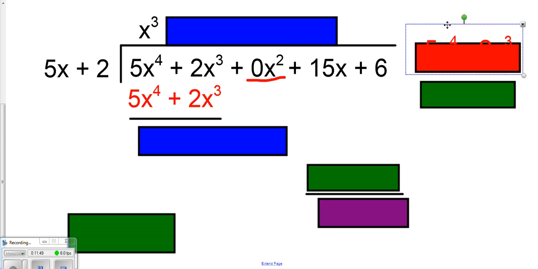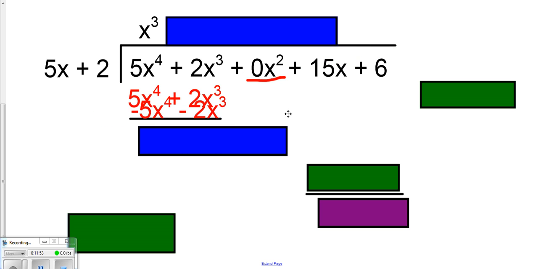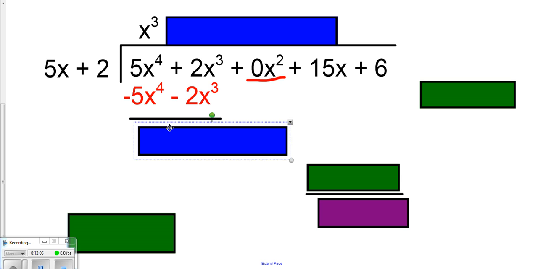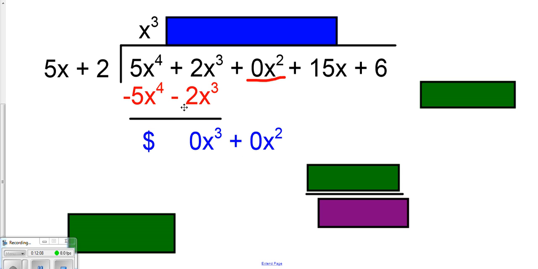So I want the opposite version, so I'm going to get rid of that and put in my 2 opposites, a negative 5x to the fourth and minus 2x cubed. This way, when I subtract them or combine them here, these will always cancel out.